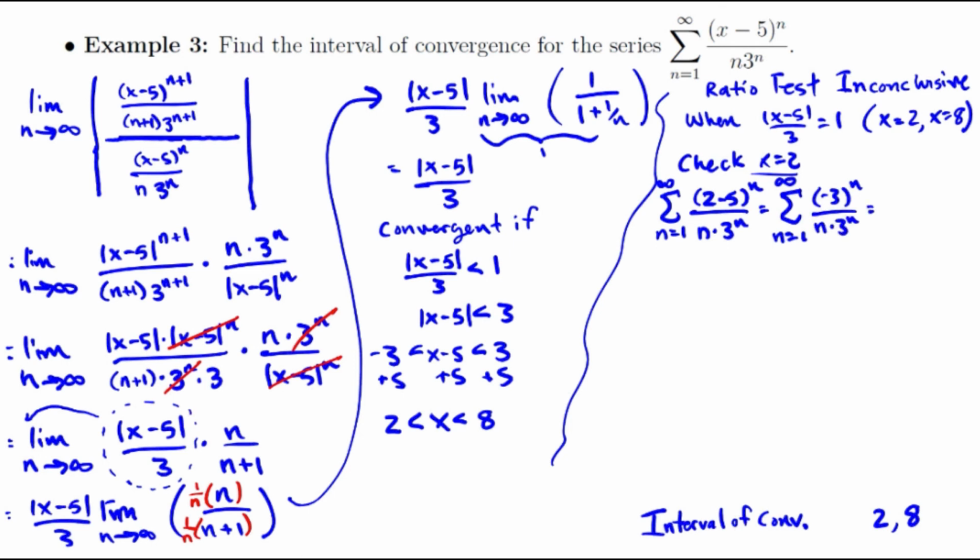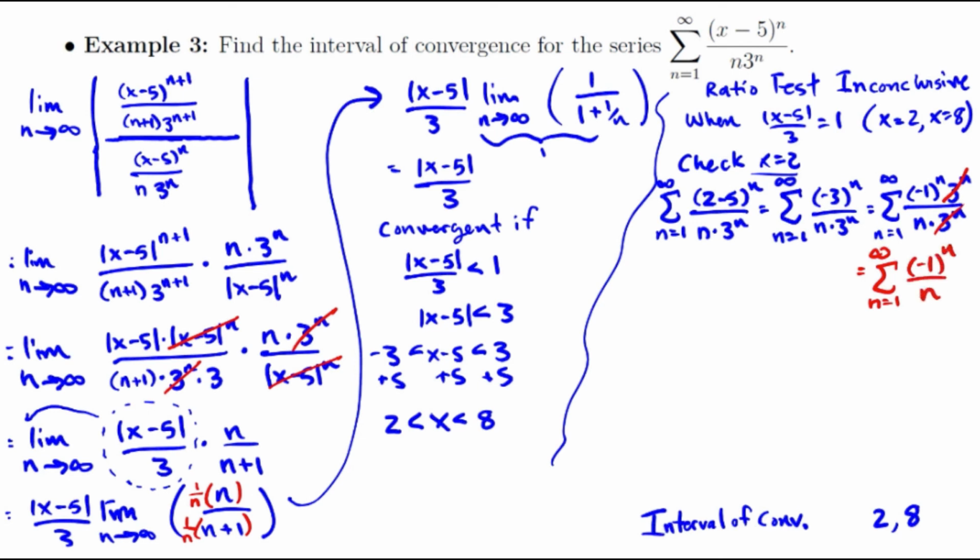But then if you have a negative 3 in there, you can always pull that out as long as you keep the negative 1 raised to the n. You can write it like that, right, by our exponent laws. And so what happens there is those 3 to the n's cancel. And so what we're left with here is the sum from n equals 1 to infinity of negative 1 to the n over n.